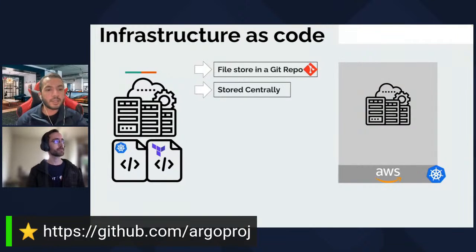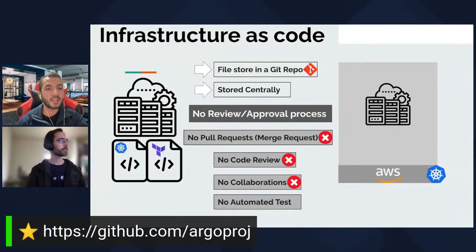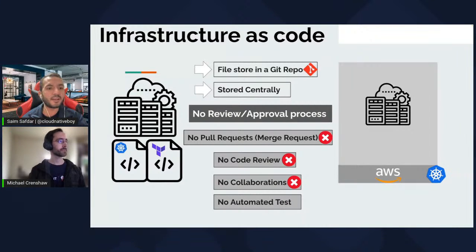And slowly, if we go ahead into the slide, we can see that for infrastructure as code, there is no review, no approval request, no pull or merge request, no code reviews, no collaboration. And that is basically the pain point in that process.